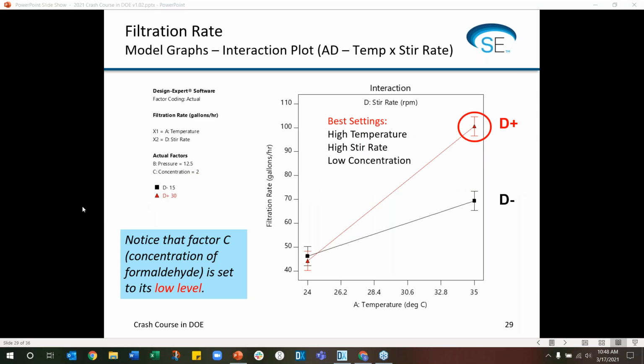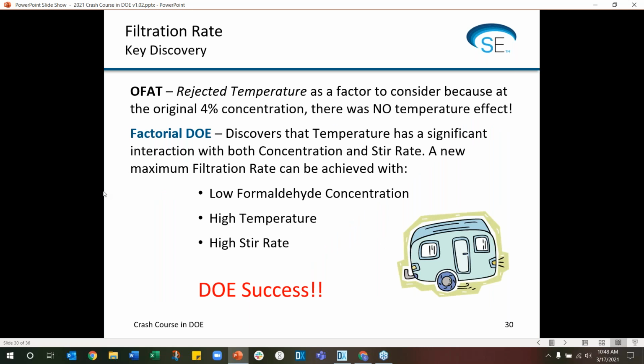And same with the other thing, the effect of temperature also depends on the setting of stir rate. All right, now there's a key discovery here. One factor at a time.